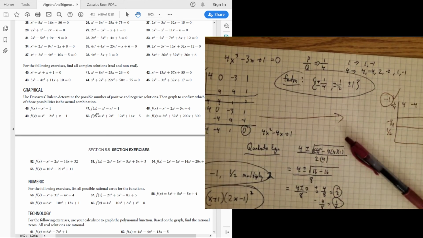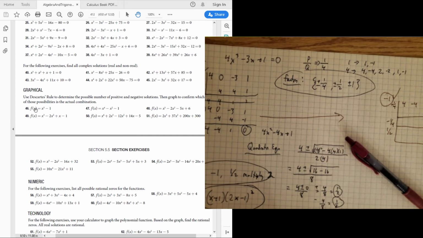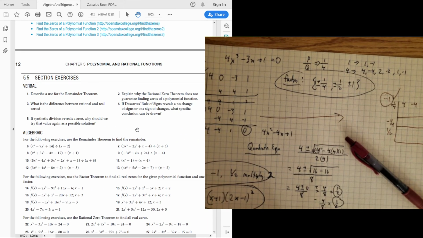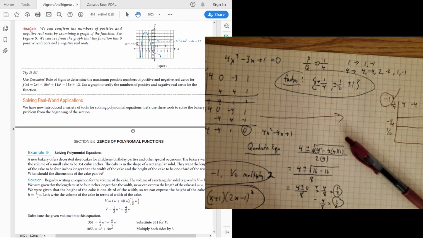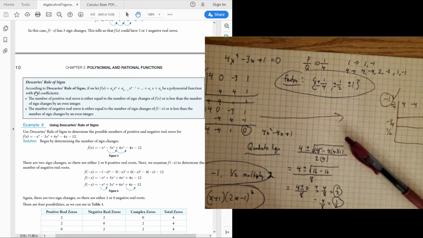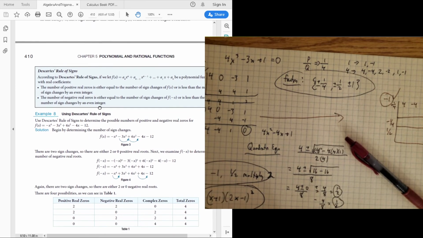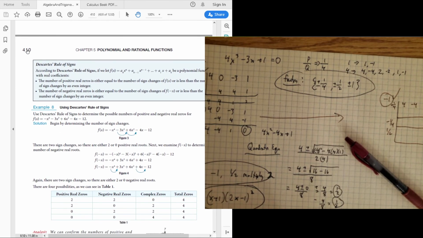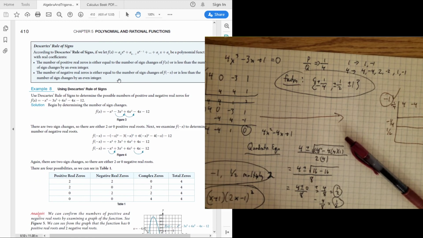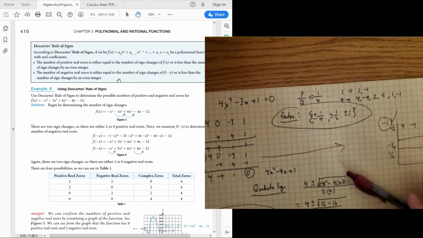Okay. The last thing I will tell you is these problems here in the middle involving Descartes' rule of signs. I'm going to ask you to read through that little piece. There's a great example of this on page 410. So please look at page 410. We've run out of time, so I'm giving you some extra time.